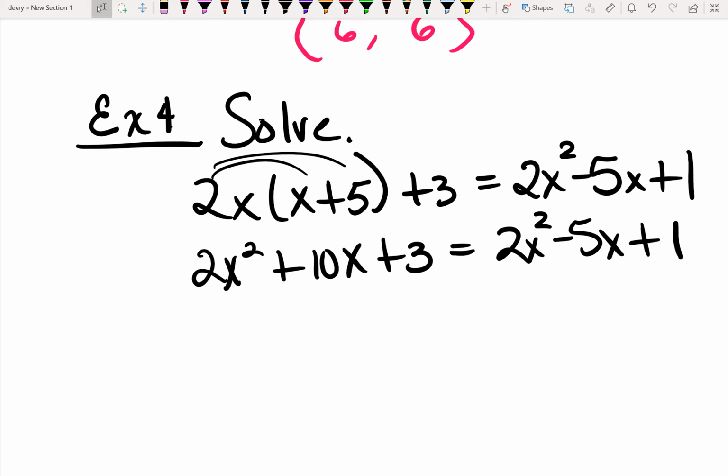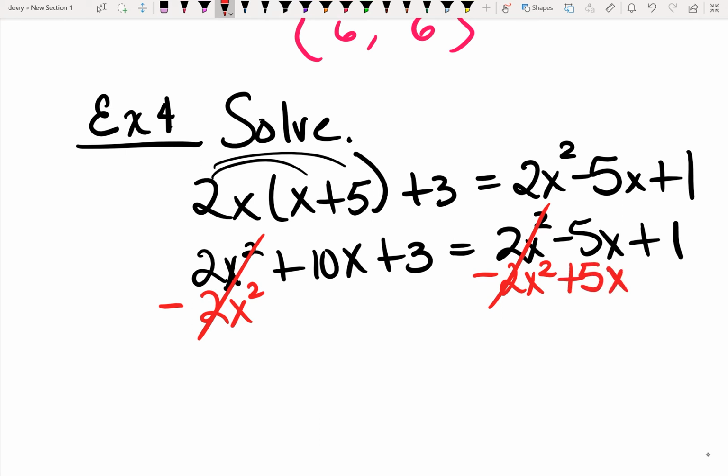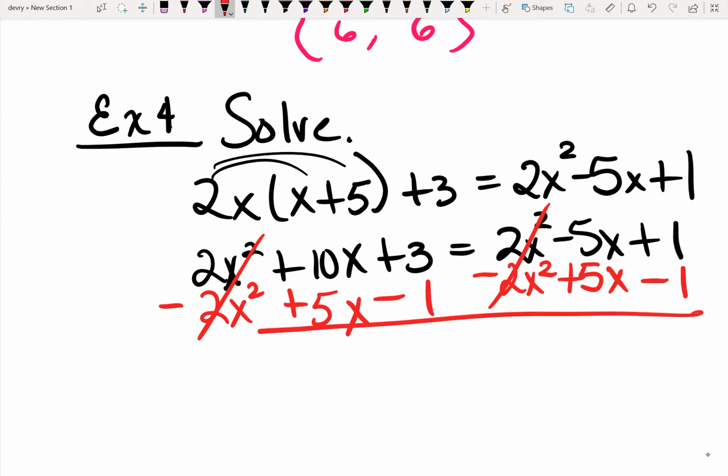What you'd want to do is collect all like terms, so I'm going to subtract the 2x squared and bring it over here to this 2x squared, and guess what? They're going to cancel because they're both alike. I'm going to add the 5x and bring it to this side, and I'm going to subtract that 1 and bring it to this side. So if you notice, everything on this side goes away. It's 0. That's 0.